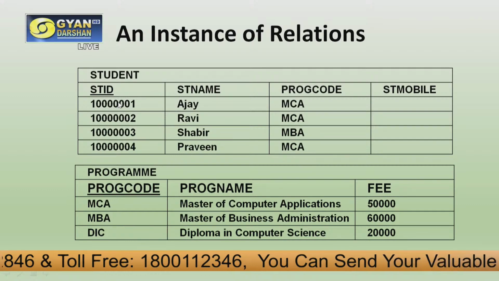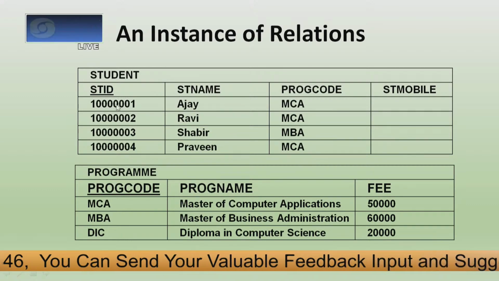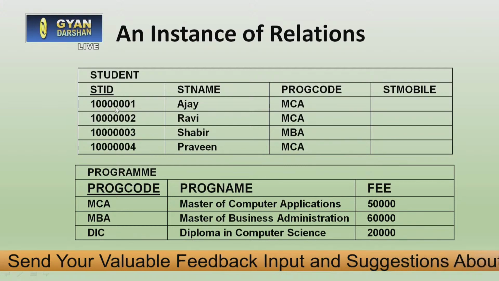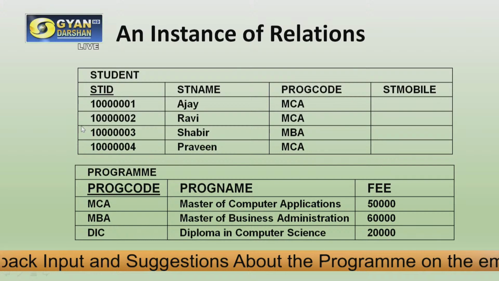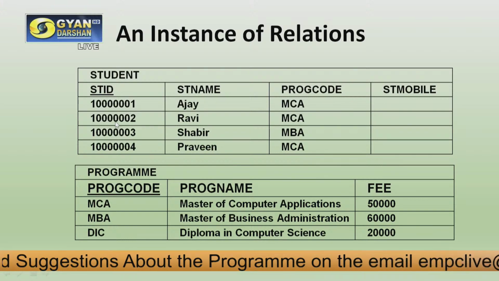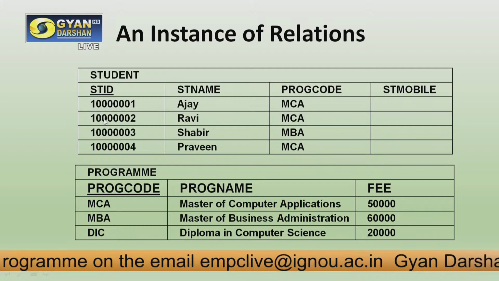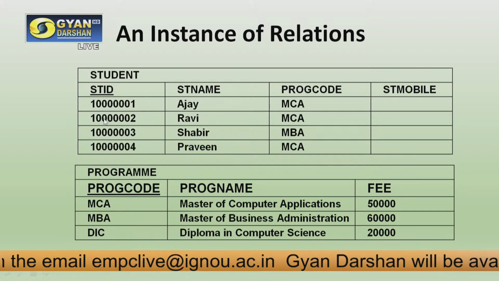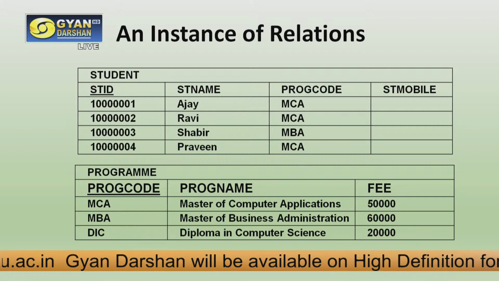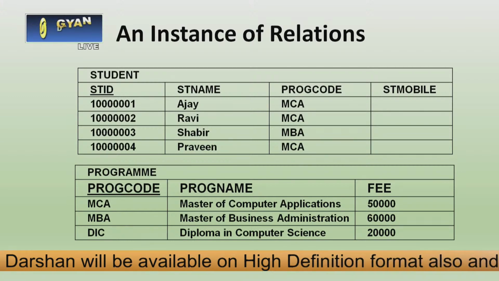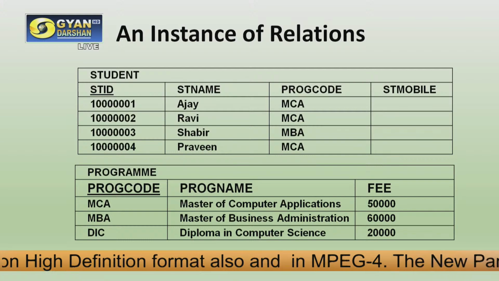Because suppose the student ID starts with 0, there are 8 digits in total, but then the leading zero is not going to be displayed at all, because in numeric data the preceding zeros are not shown. So if it is just 1 and 2, it will be shown as just 1 and 2, whereas we want to show it as 7 zeros followed by 1, like that.